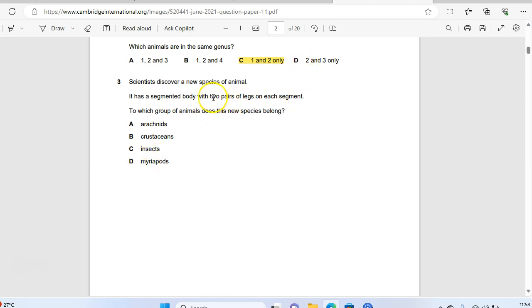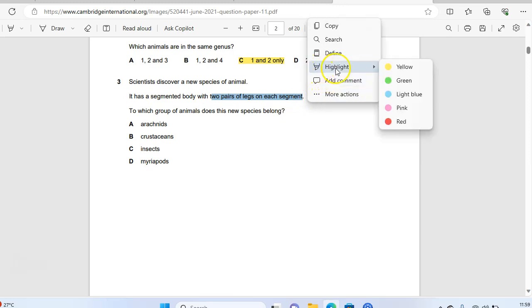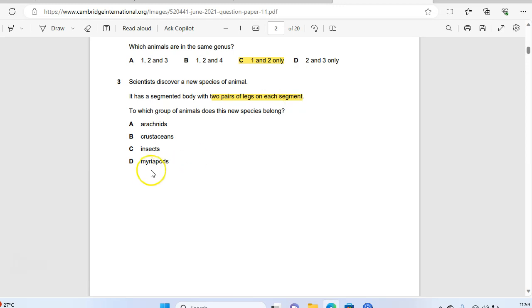Each segment has two pairs of legs. I have already told you in my class that in myriapods, each segment contains two pairs of segmented legs. So, myriapods is the answer.